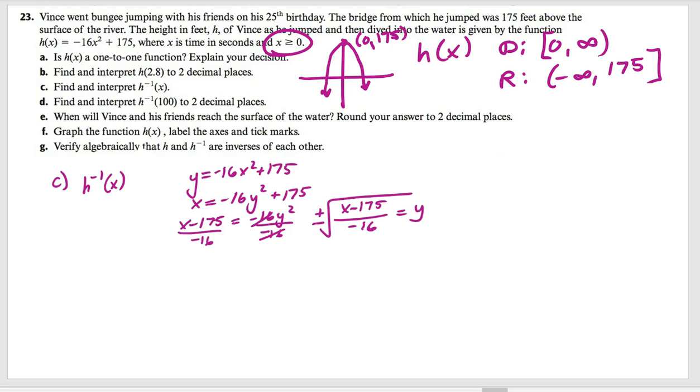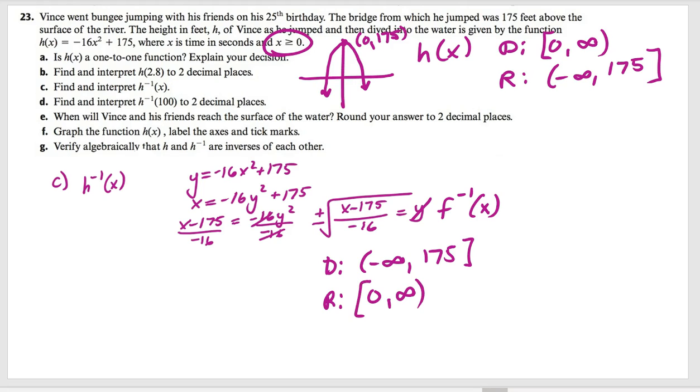So when I want to look at my inverse, which I have here, I want to be mindful of that because I know that the domain and range of this are going to basically be swapped, right? So my domain will be from negative infinity to 175, and my range will be from 0 to infinity.